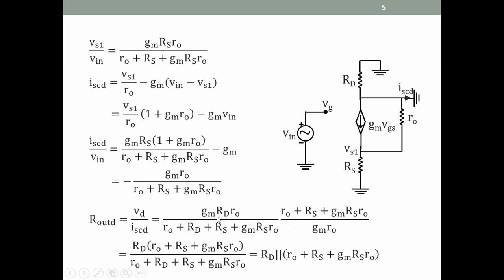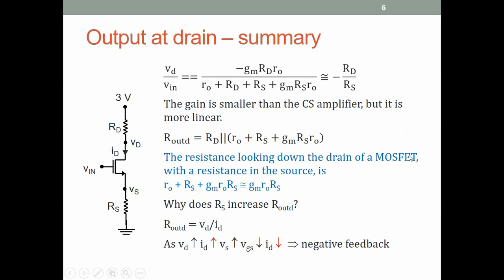So we'll get Rd into Ro plus Rs plus Gm Rs Ro divided by Ro plus Rd plus Rs plus Gm Rs Ro. So we recognize that this is actually Rd in parallel with Ro plus Rs plus Gm Rs Ro. So that is the output resistance looking into the drain of this circuit.